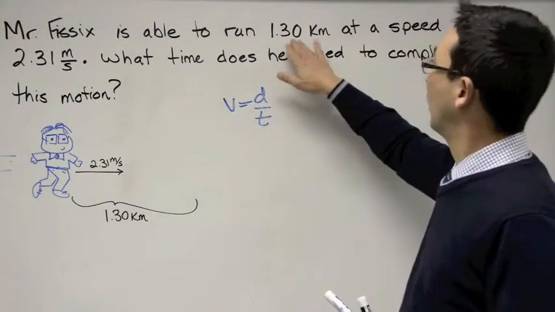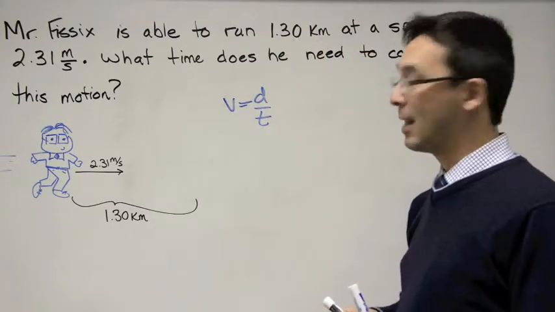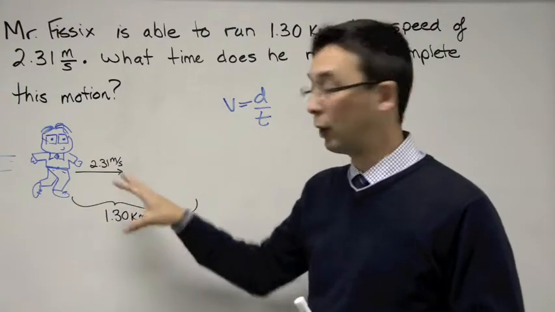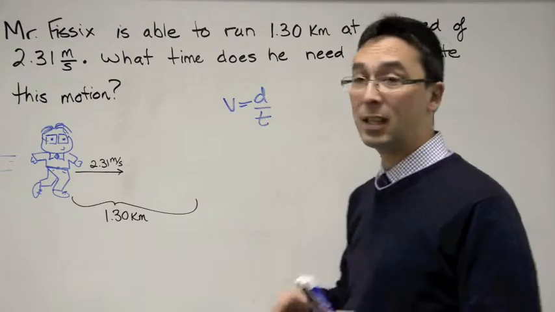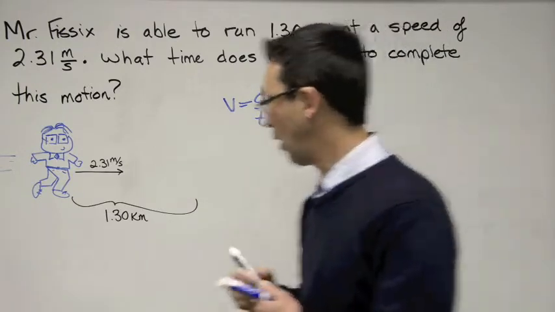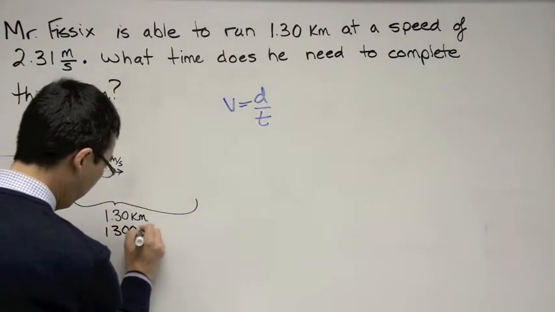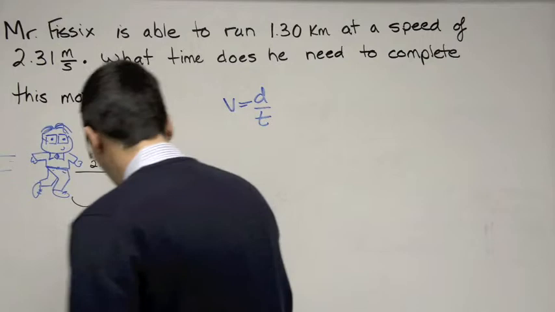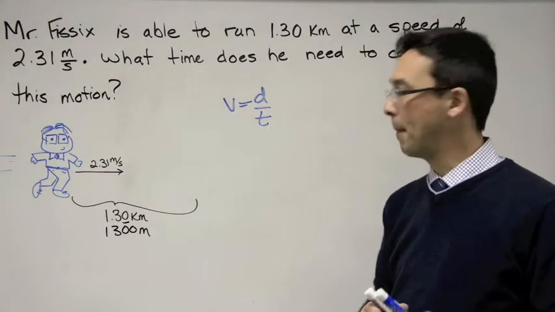What information have we been given in the question? First, here, 1.3 kilometers. Typically, I'd write that down, but I drew myself a little picture. When I substitute 1.3 kilometers in for distance, I'm going to want it in the standard units, which would be meters. So 1.3 kilometers would be equal to 1,300 meters.